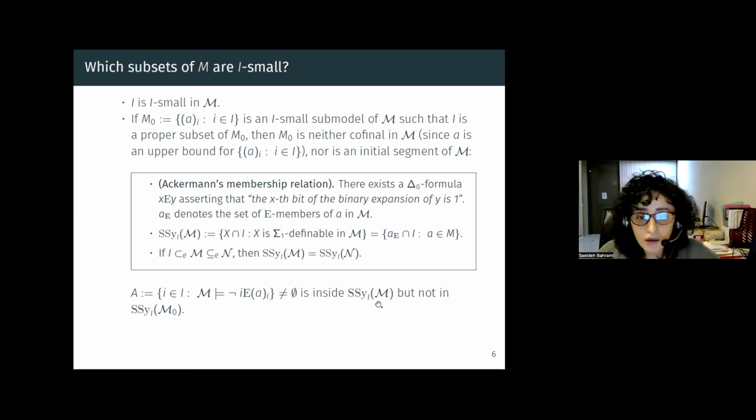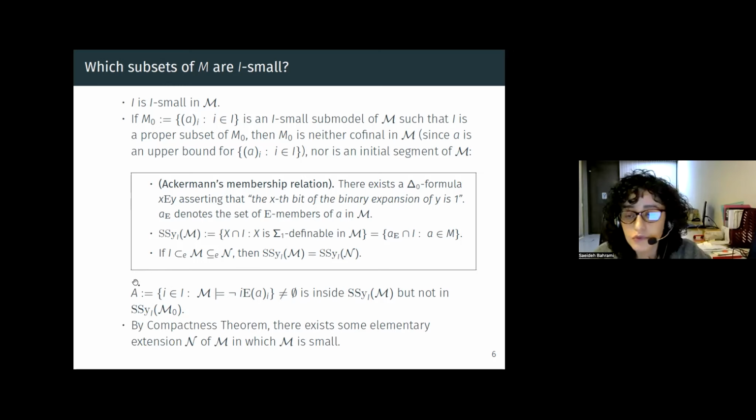It is delta zero definable, so it is inside the I standard system of M. But in the same way that we prove that the Russell set leads to a paradox, it cannot be in the I standard system of M0, because any member of M0 is like this.